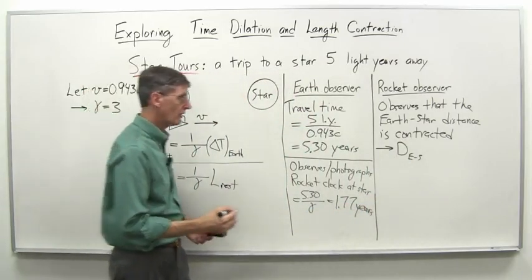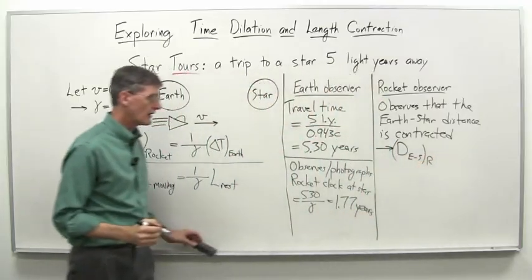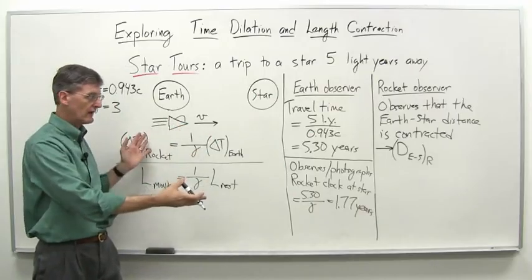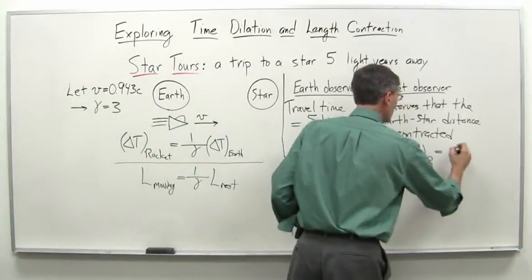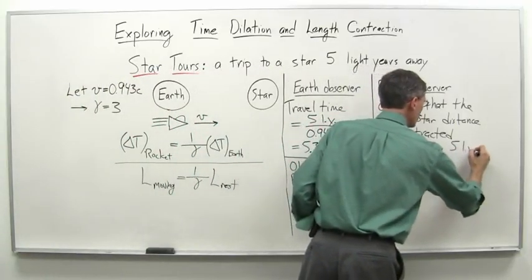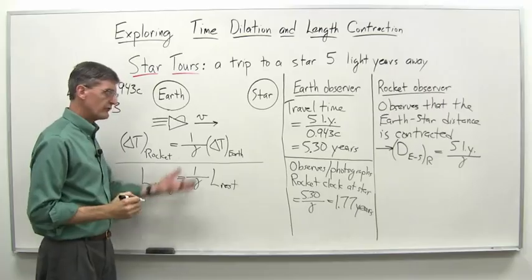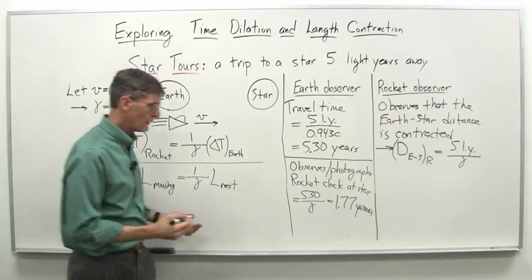Distance between Earth and star according to, this is in the rocket frame now, the distance between the Earth and star in the Earth-star frame is just 5 light years. In the rocket frame, it is 5 light years divided by gamma, which is 3. And when you do 5 divided by 3, you get 1.67.